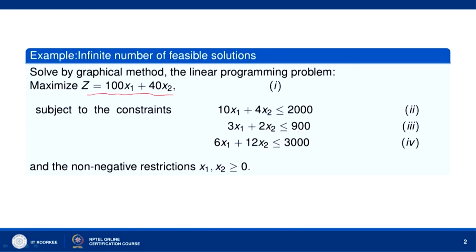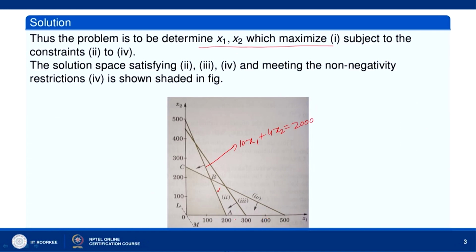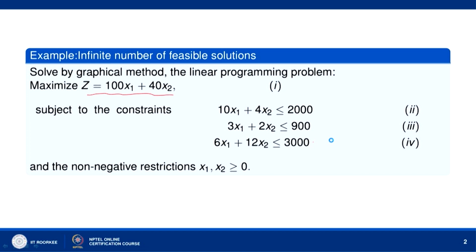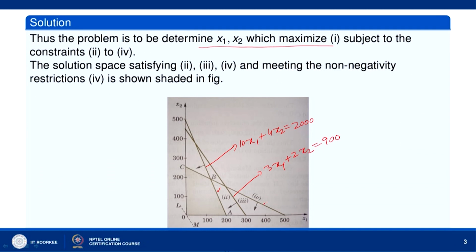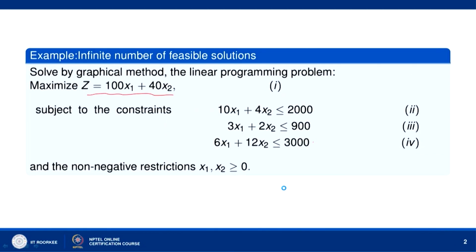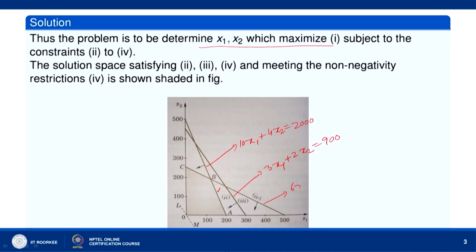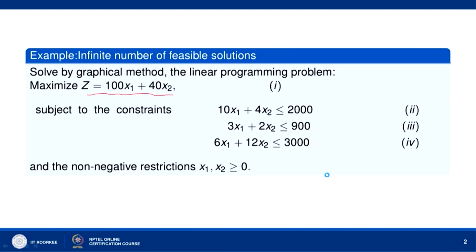This line is 3 x 1 plus 2 x 2 equal to 900. And the fourth one is 6 x 1 plus 12 x 2 equal to 3000.